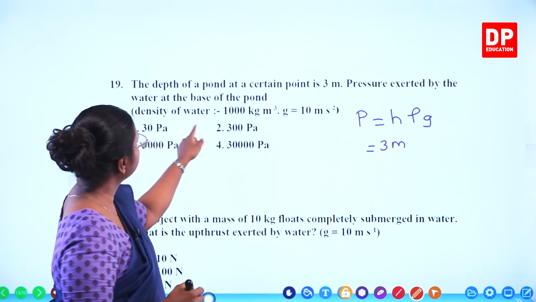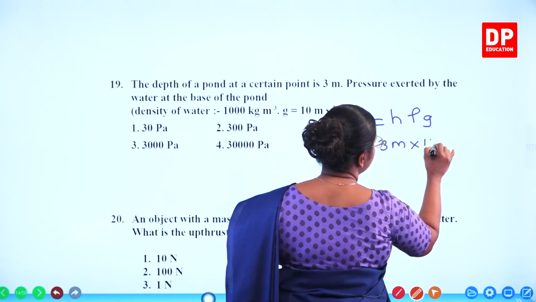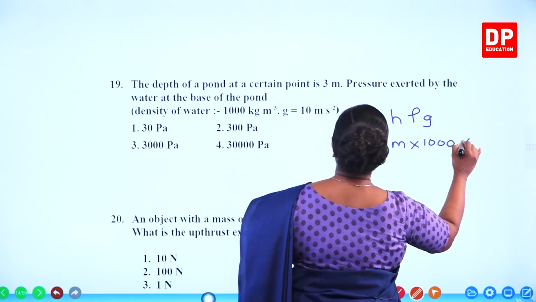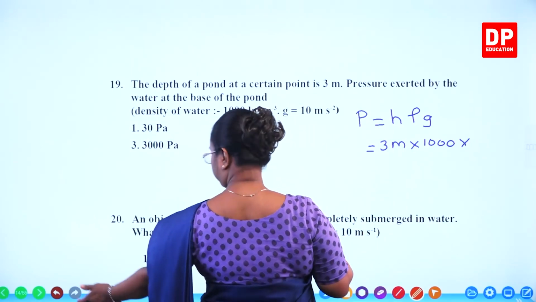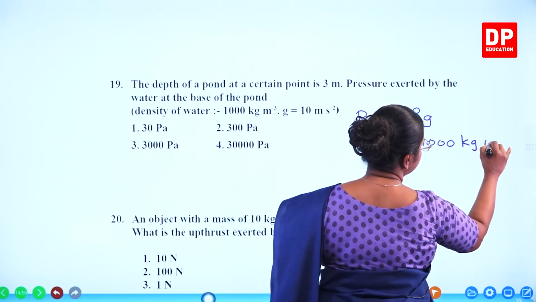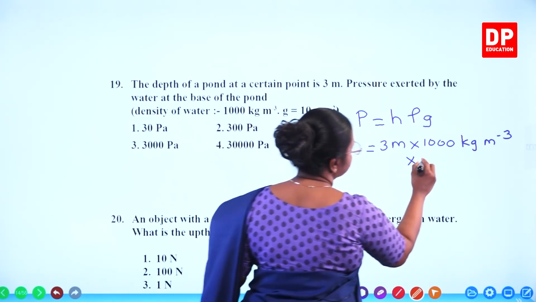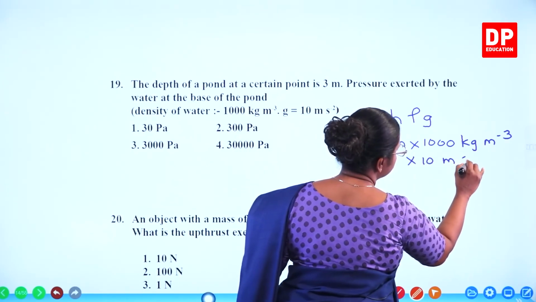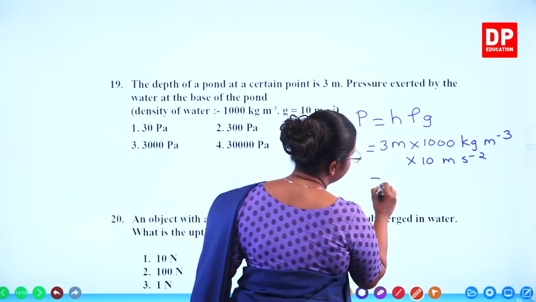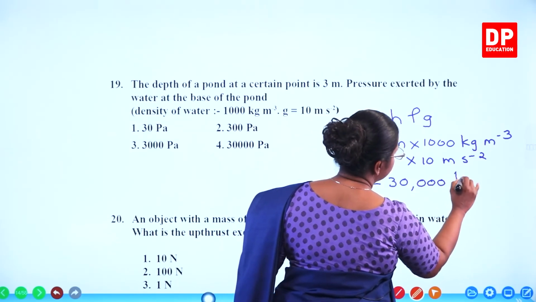What is rho or density of water? They have given as 1000. I will substitute with the units kilogram meter minus 3, and also gravitational acceleration 10 meters per second square. So we will get the answer as 30,000 Pascal.